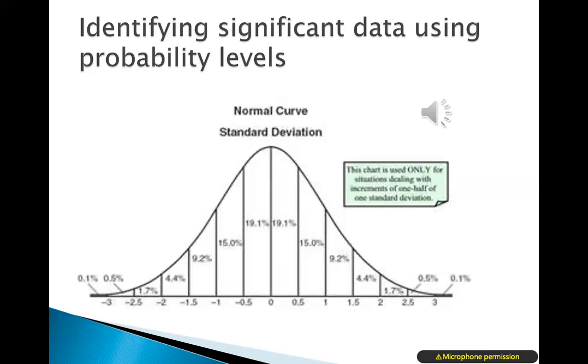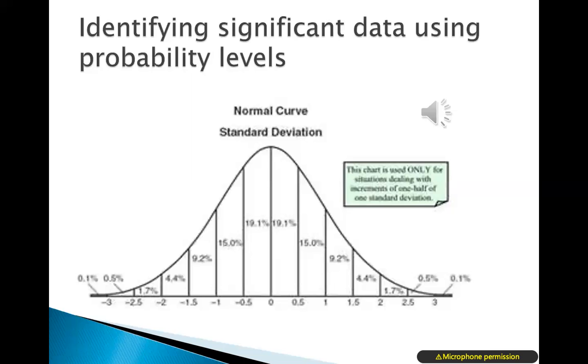Why do we care? What this means is that none of that data within 3 standard deviations is worth anything to us as researchers in terms of making a claim that we have significant findings. It's like you could put a big X through all of the data, and all we're looking at is the percent of data that falls outside of 3 standard deviations, because that's the only data that we could say, you know what, this just wouldn't have happened by chance.